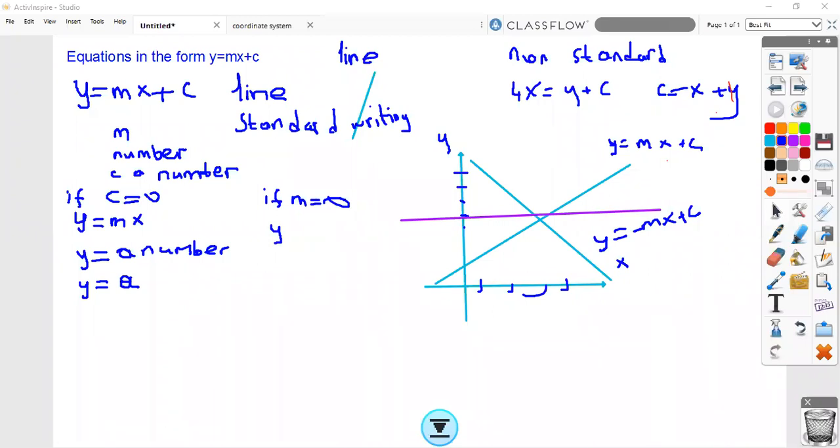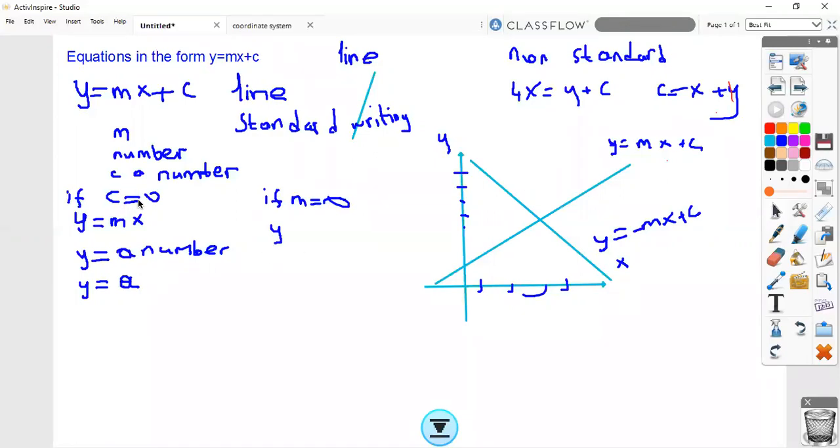Okay, let's continue. This is still not true, the graph is not true. Y is equal to mx can be any line. Okay, let's erase the graph.